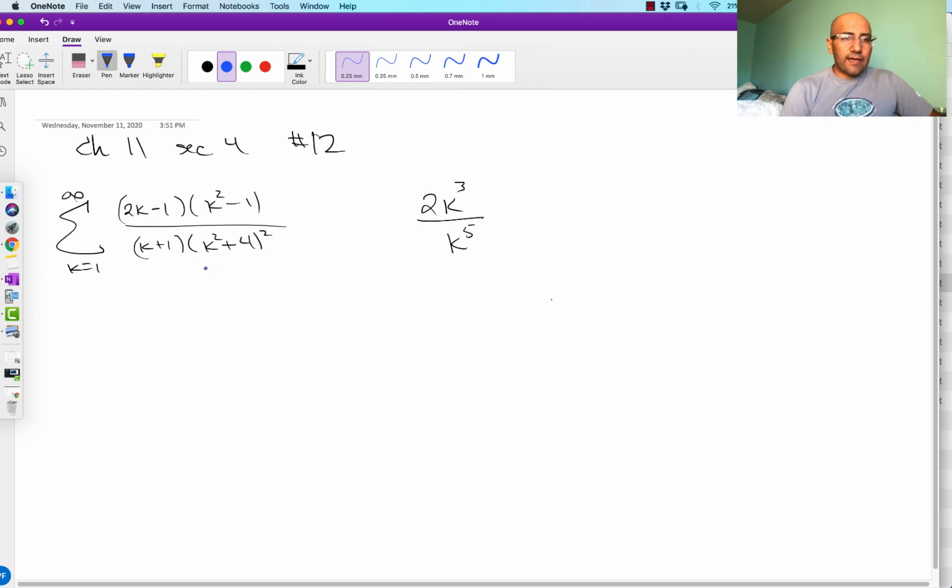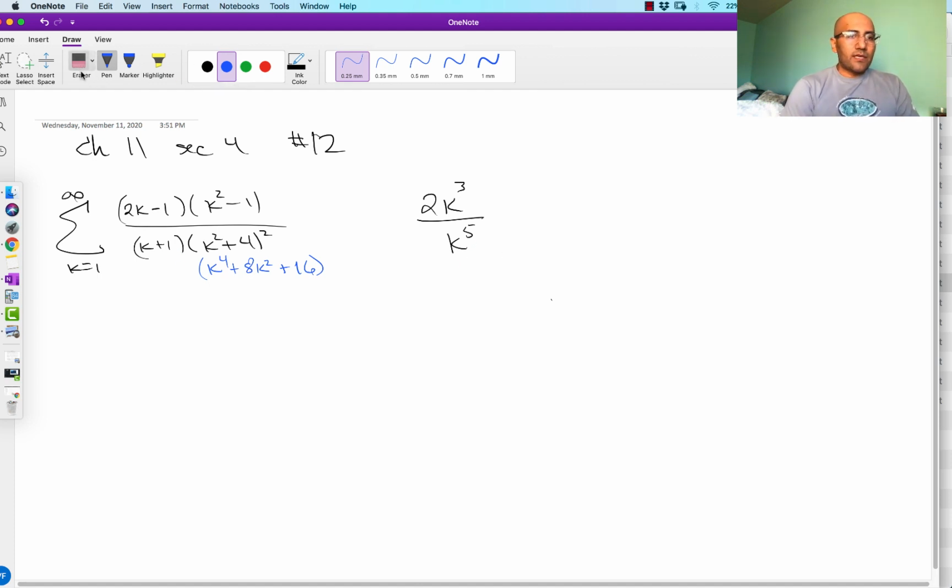If I FOIL this out, I'll end up with k to the 4th plus 8k squared plus 4k, 4 squared, which is 16. And then if I further distribute this, multiplying this binomial times this trinomial, I'll end up with a k to the 5th power.